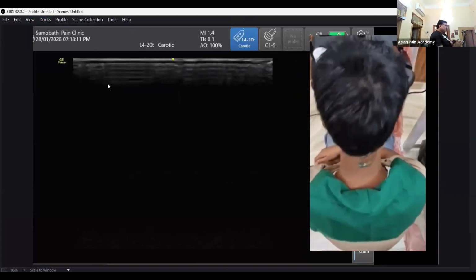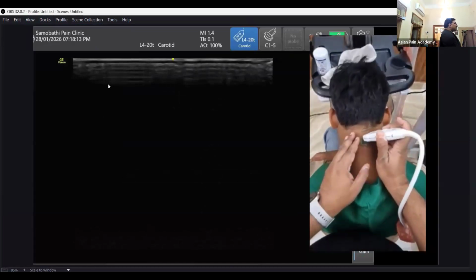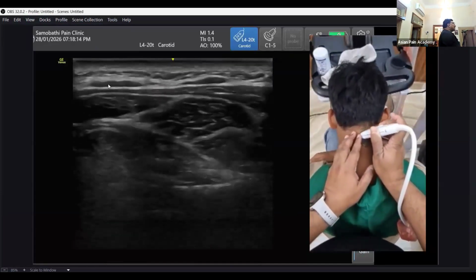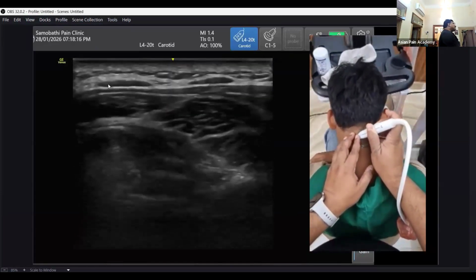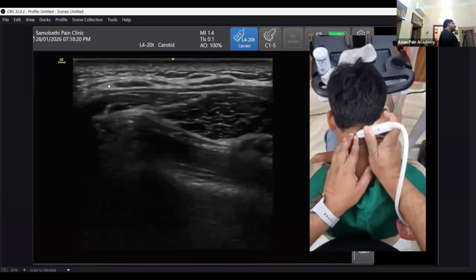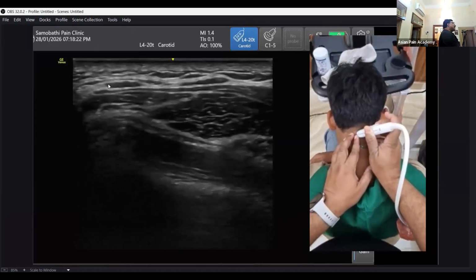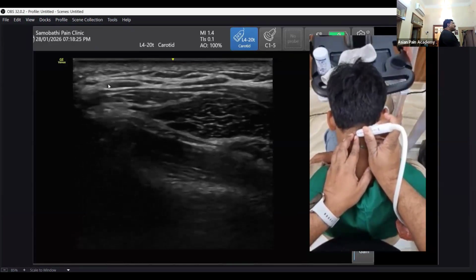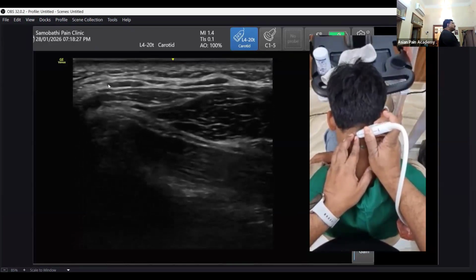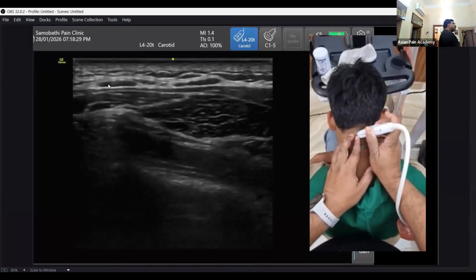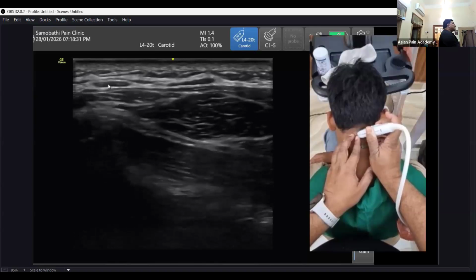It's like this now. So now here you can see as I am holding it like this. Can you see one muscle whose fibers are going along the long axis? Let me stop here and try to show you the muscles.